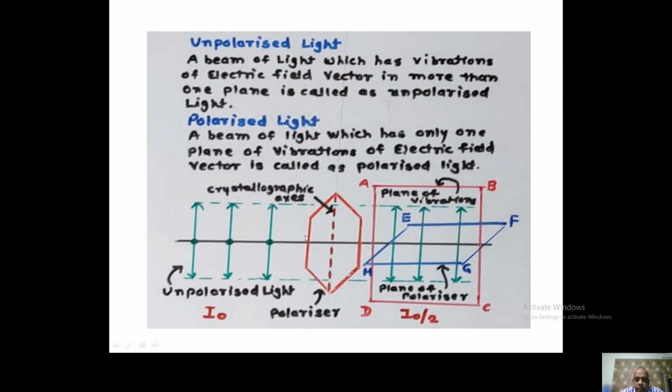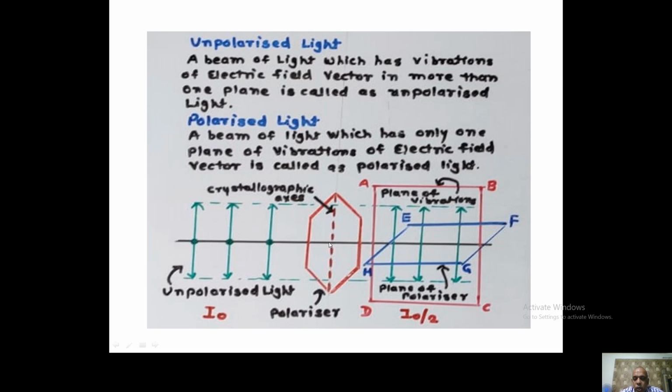When unpolarized light passes through the polarizer, what happens? The vibrations of the electric vector which are parallel to the crystallographic axis pass through this polarizer, and the other vibrations, like this perpendicular vibration (the dot represents the perpendicular vibration of the electric field), do not pass through.